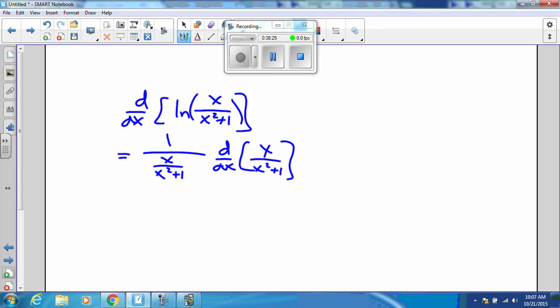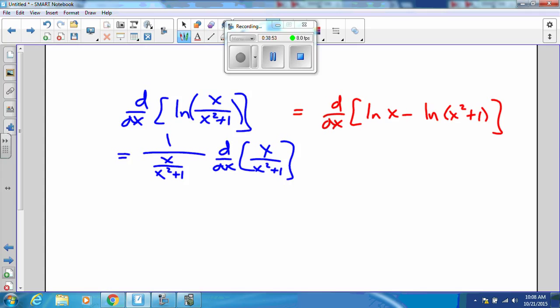See, I can do that. But it strikes me as a waste of resources because I would end up having to use the quotient rule. So instead, I'm going to use log properties to rewrite my division problem as a subtraction problem.